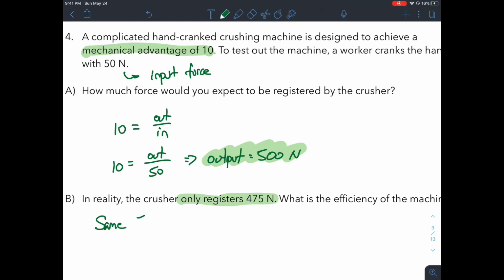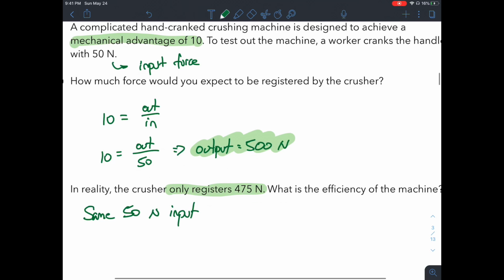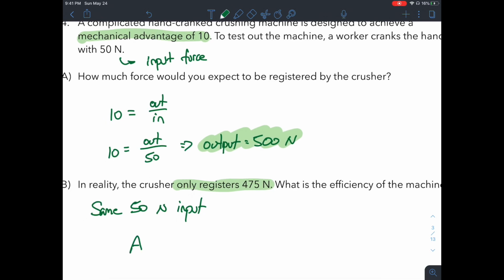The same 50 newton input, which means our actual mechanical advantage of this machine is going to be, well, again, output divided by our input. It tells us the output, it's only 475 newtons.